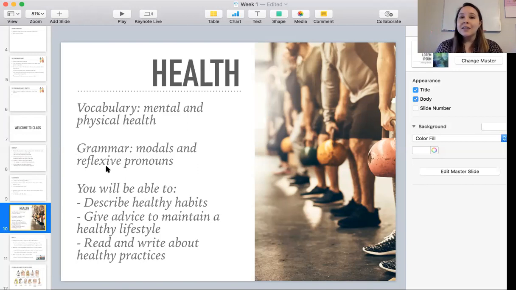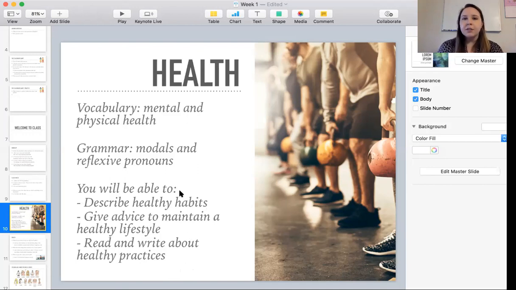And then last thing that we're talking about with grammar, so one of the other main points, are reflexive pronouns. So these are pronouns like myself, yourself, himself, and how we use those to talk about things we do.